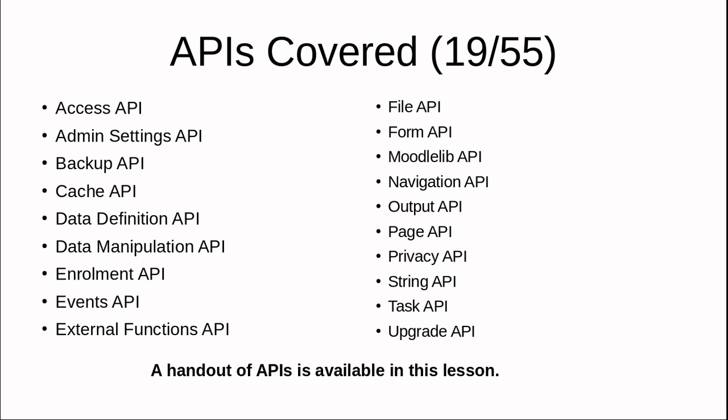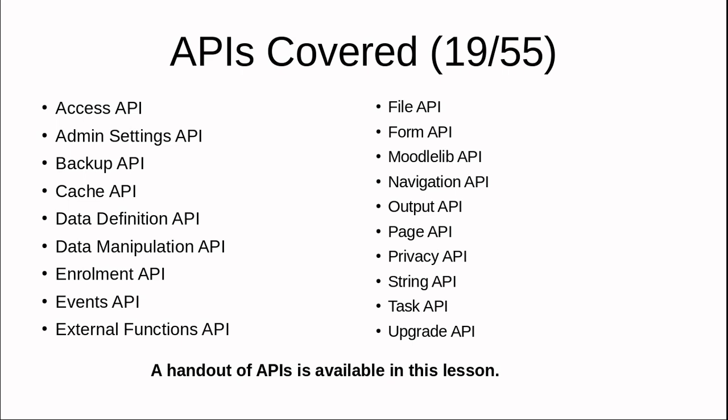We've touched on the Privacy API, which is starting to show up. I think even with third-party plugins, you need to do something in terms of providing privacy settings. Your String API you'll use all the time, and you've got useful ones like your Task API for scheduled tasks.